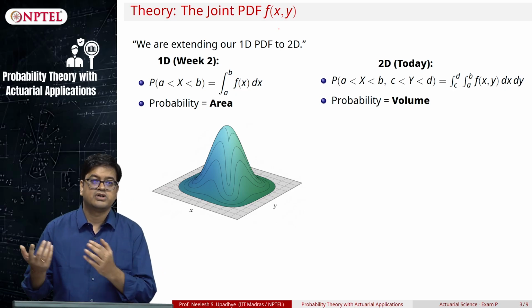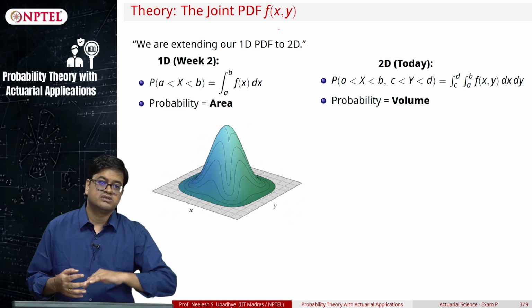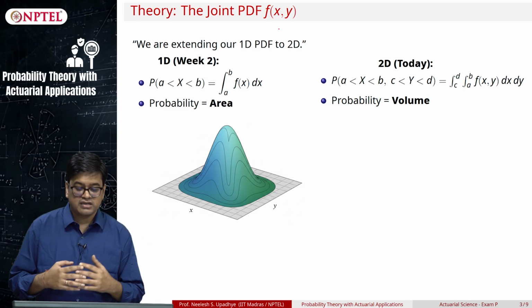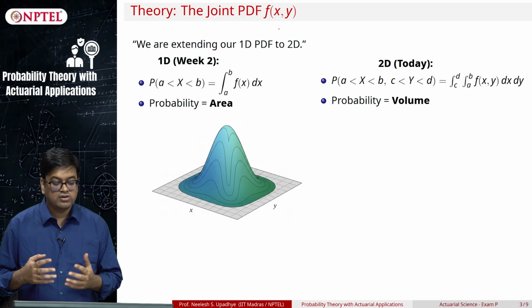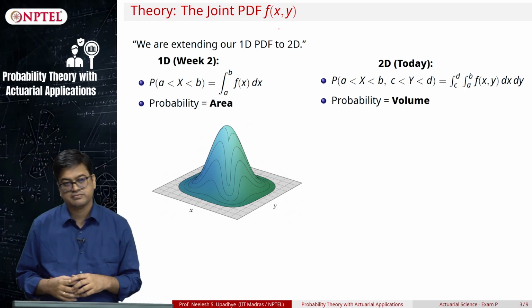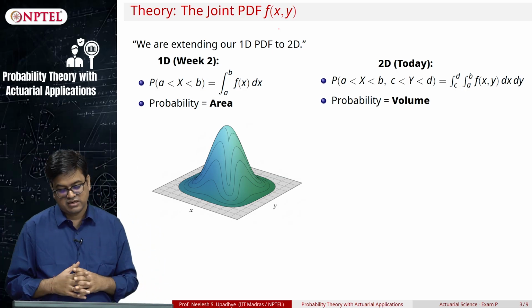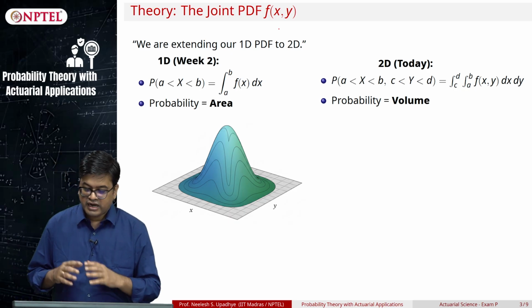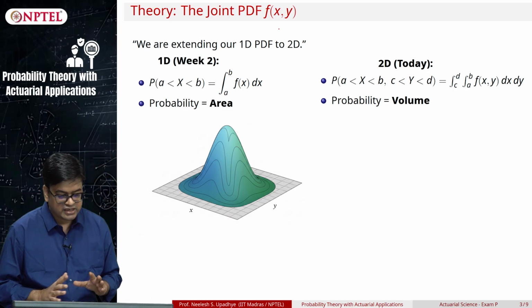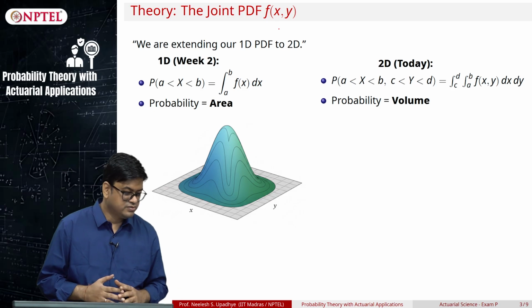So when we move to the two dimensional world, this goes into three dimensional world, and it now becomes the volume under the surface. Okay. So that is the main concept here, and you have to evaluate these integrals properly to get the values.